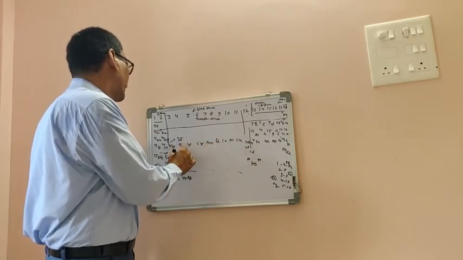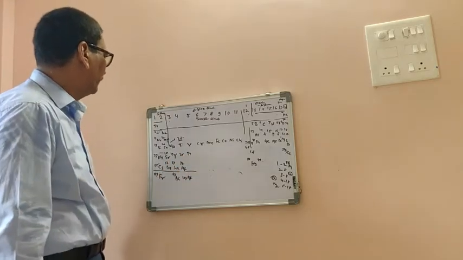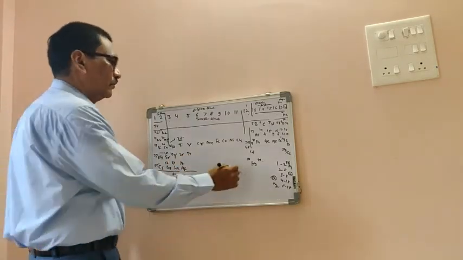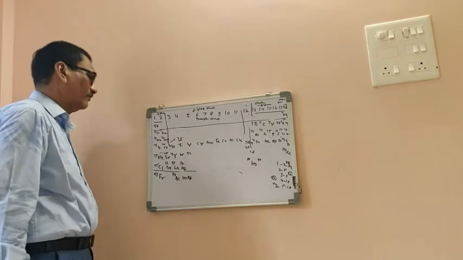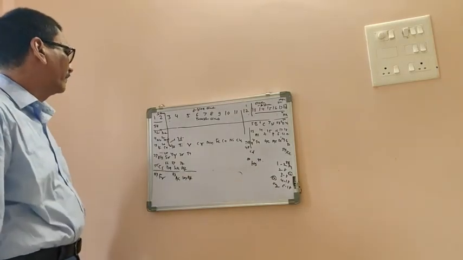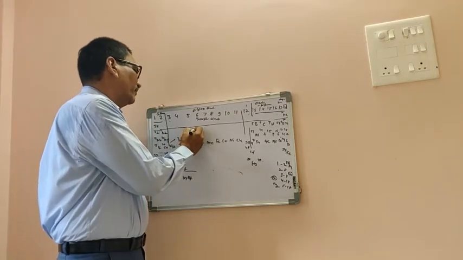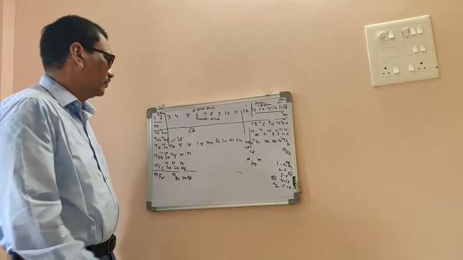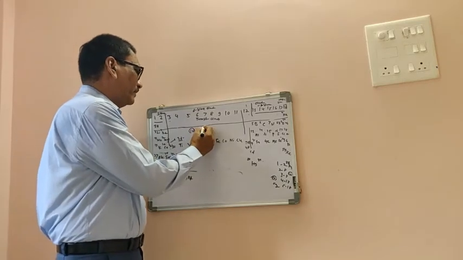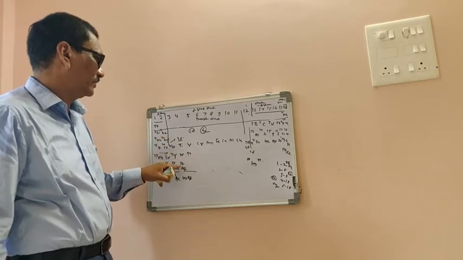Then the third series starting from lanthanum 57 to mercury 80, and lastly from actinium onwards. So likewise in each series there are 10 elements. So the total transition elements here are 40 depending upon the 4 transition series.